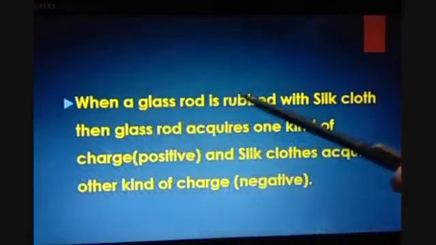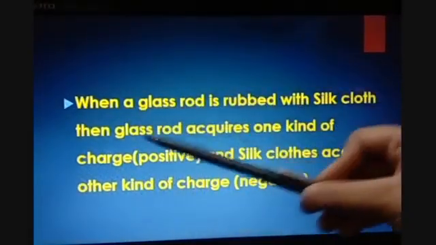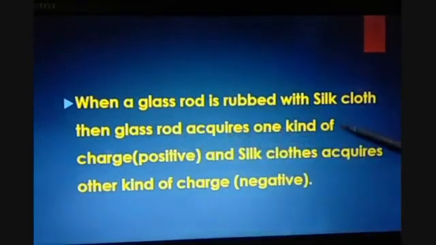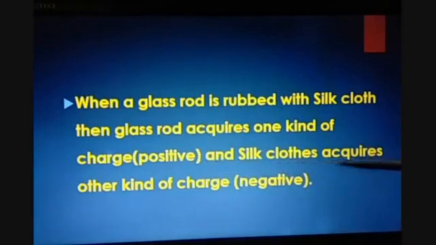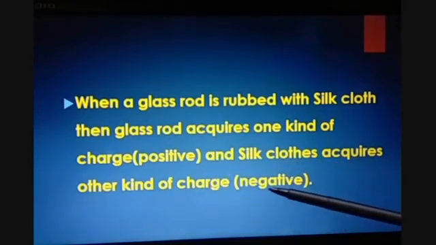When a glass rod is rubbed with the silk cloth, then the glass rod acquires one kind of charge, that is positive, and the silk cloth acquires the other kind of charge, that is negative, because the glass rod is made up of material which is having protons, electrons and neutrons.